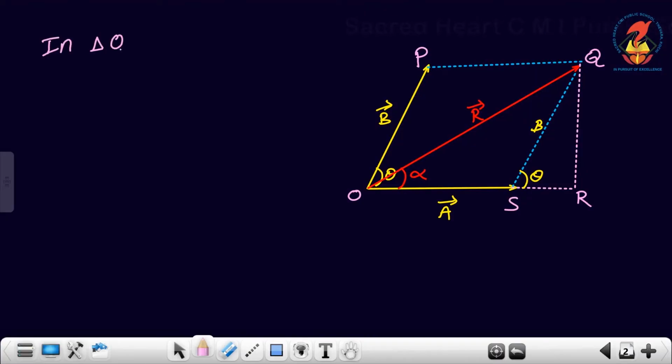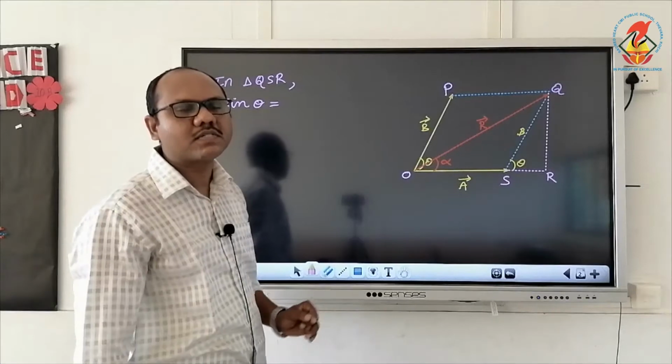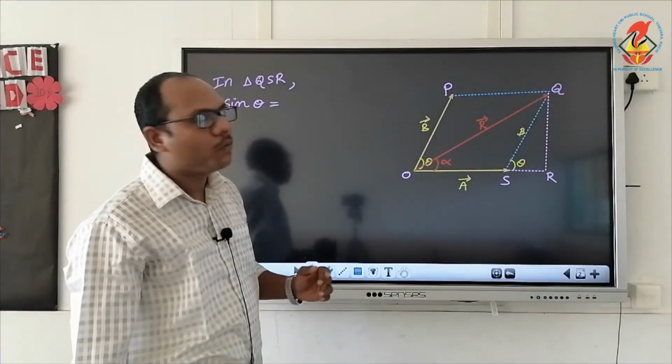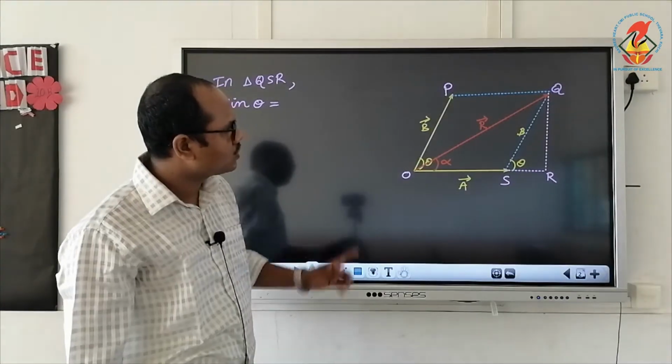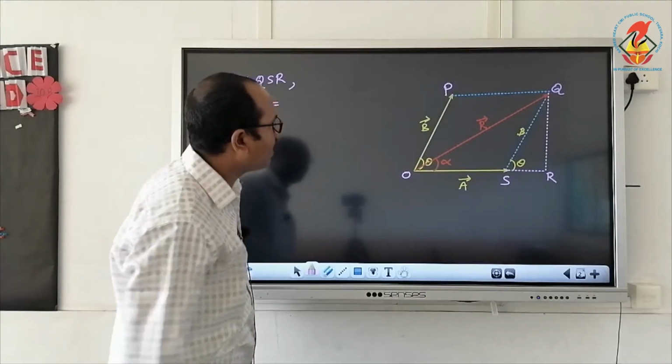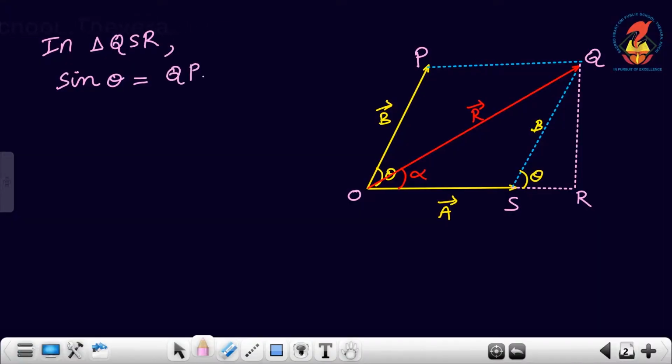In triangle QSR, what is sin theta? We know sin theta is equal to opposite side by hypotenuse. So, the opposite side is QR by hypotenuse B. So, QR is equal to B sin theta.